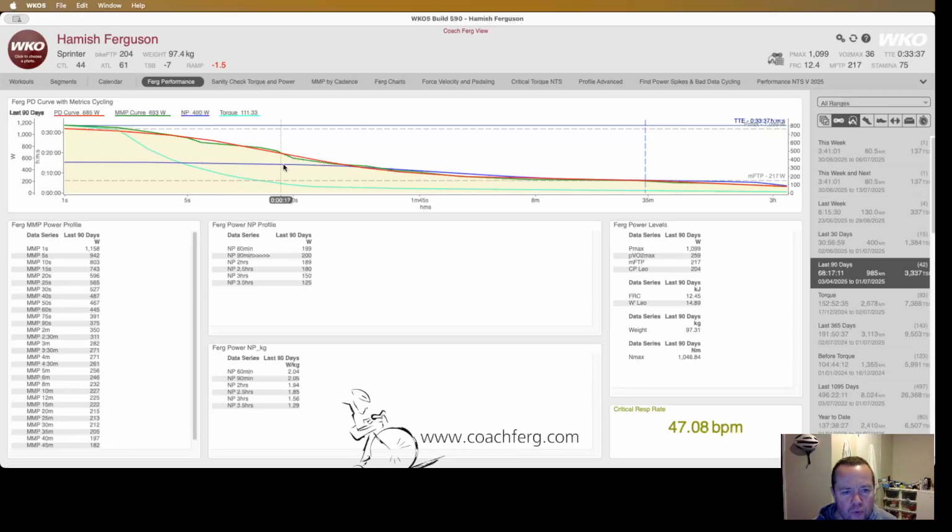There's a few areas here where I dip below the red power duration curve, so that's the modelled curve. Also there's normalised power and torque. Whichever one I use is generally the lower one there. So I'm using 204 watts as my threshold.